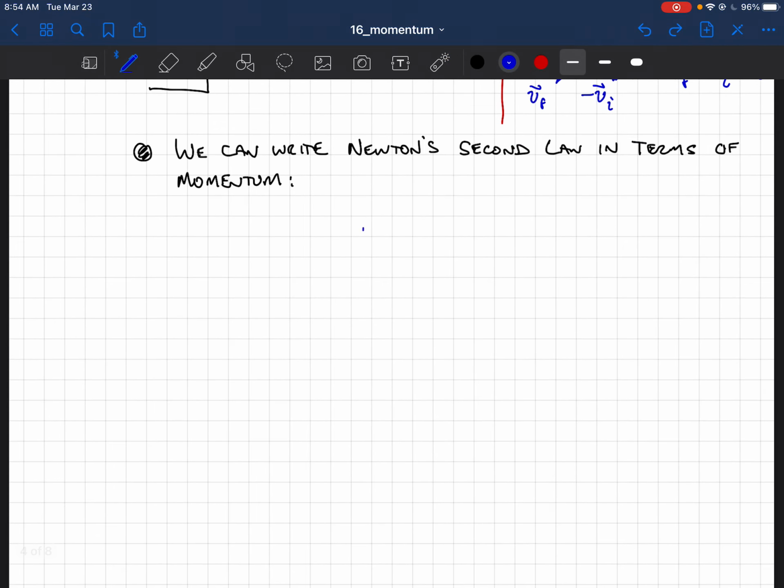I should say one more thing, which is that we can write down Newton's second law. So the sum of the forces is equal to the mass times the acceleration. And we said that the acceleration is approximately delta v over delta t. And what I can do is I can bring that m inside. So I can write this as delta mv over delta t.